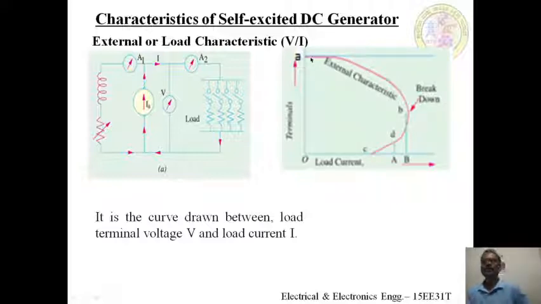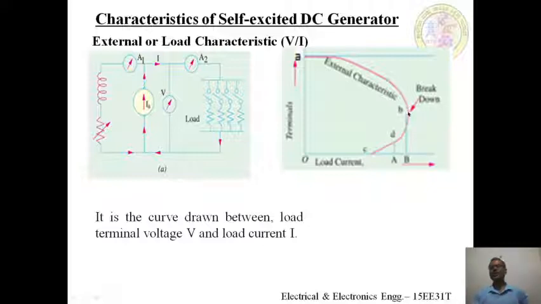Initially, as load current increases, voltage drops up to the point B, which is called the breakdown point. This portion AB is called the working portion. The generator can be loaded in this region.